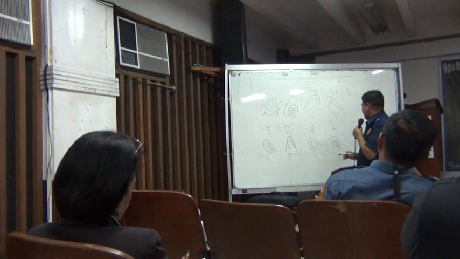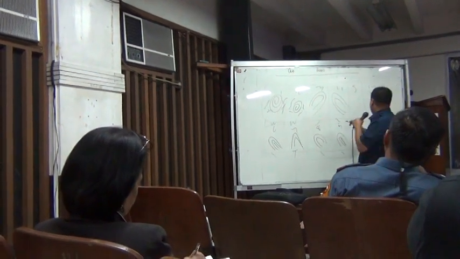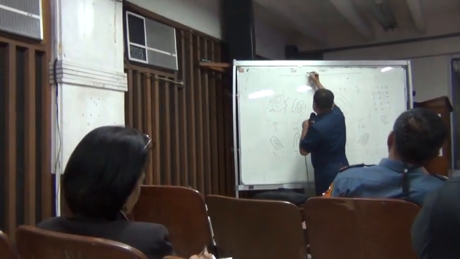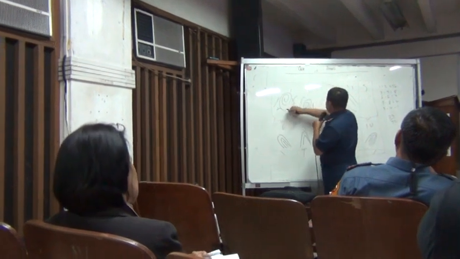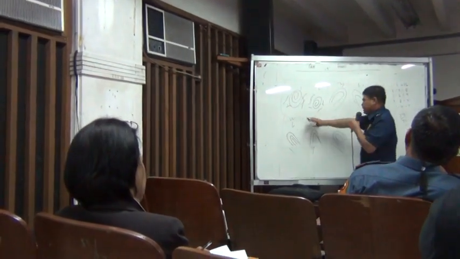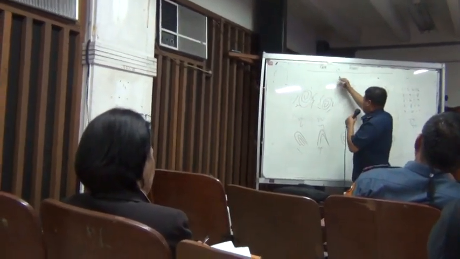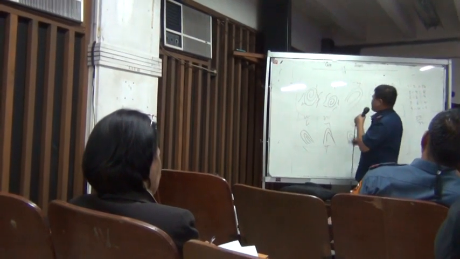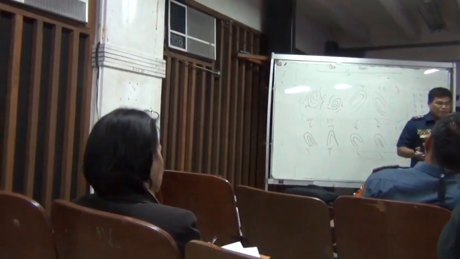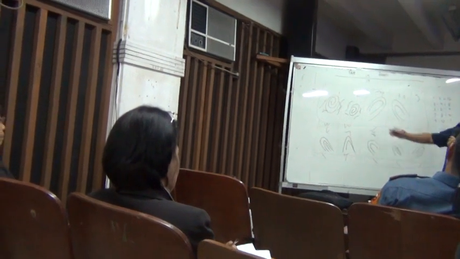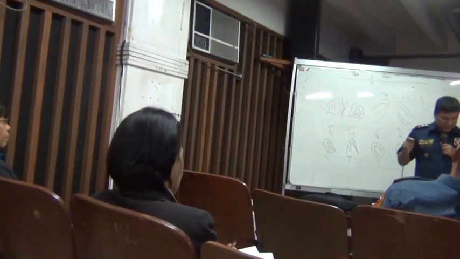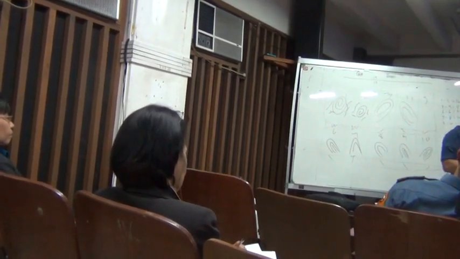So ito po magiging 16, 17 plus ito, since yan lang ang whorl, so we have 17 over 17. Okay po? Okay. Any question po pagdating sa primary classification?